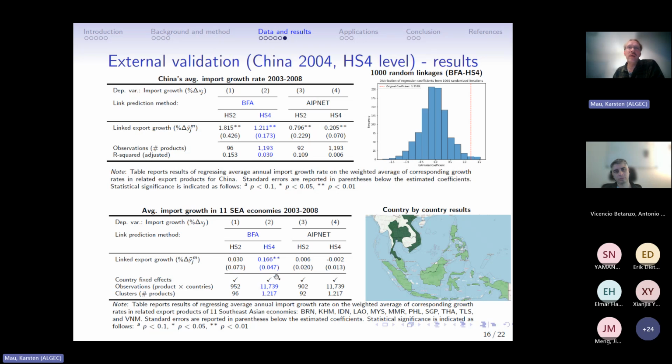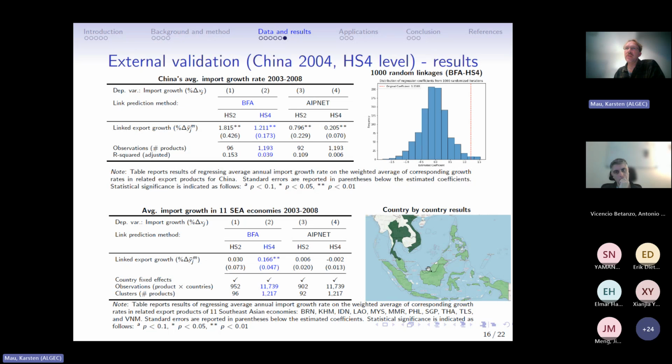So if we run it country by country, we see here the more darkly colored countries, which are Vietnam and Thailand. And Singapore, you cannot see it, but it also has a very strong positive correlation. So it seems to be quite similar to China, technologically but also in terms of supply chain integration. All four specifications are positive and significant for Thailand and Vietnam.